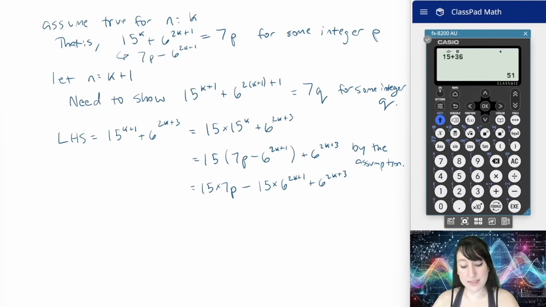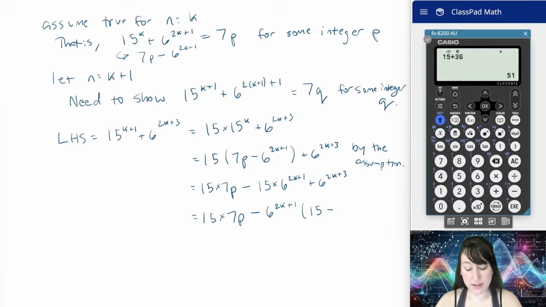In this case, 6 to the 2k plus 1, since 2k plus 1 is smaller than 2k plus 3. Now I have taken out the minus, so this will change the second term to negative. By factorizing out 6 to the 2k plus 1, I'm subtracting 2k plus 1 from 2k plus 3, leaving behind 2, 6 to the power of 2.